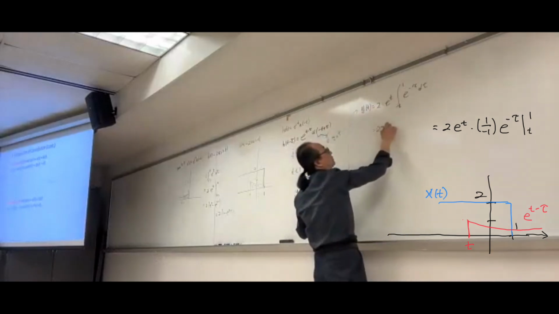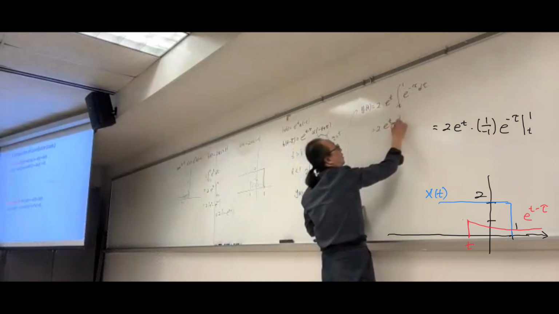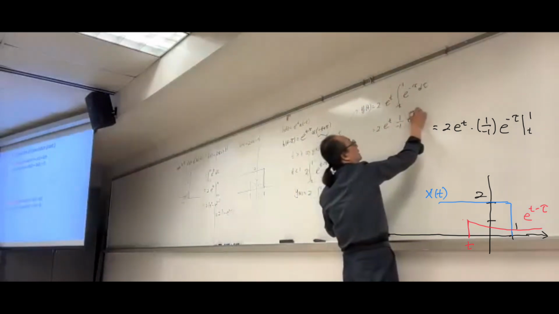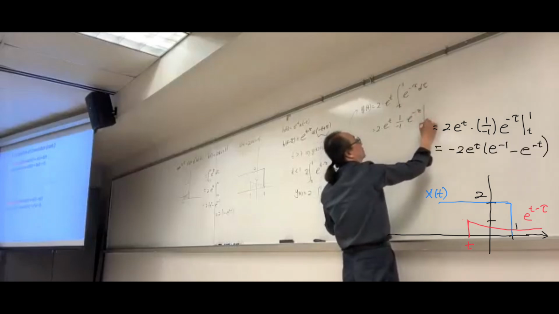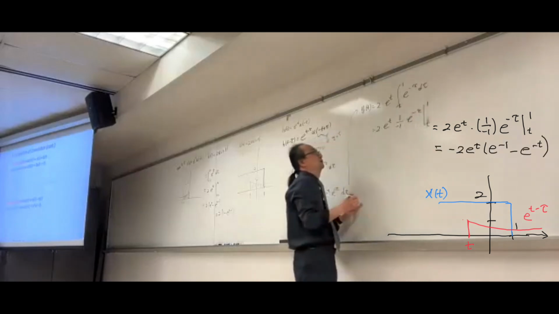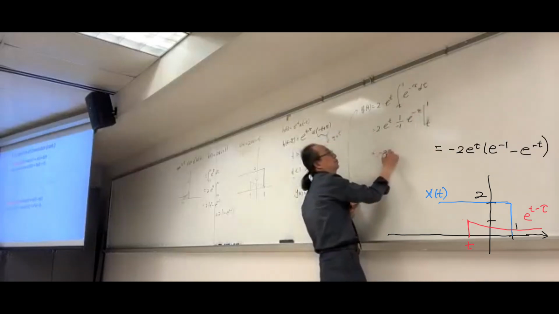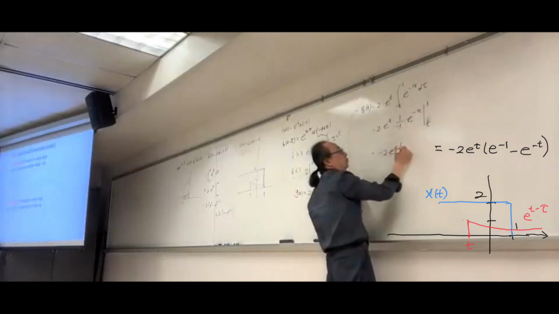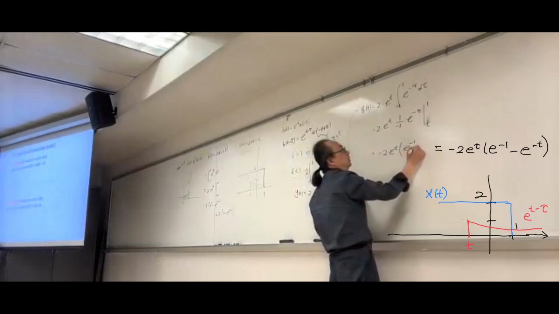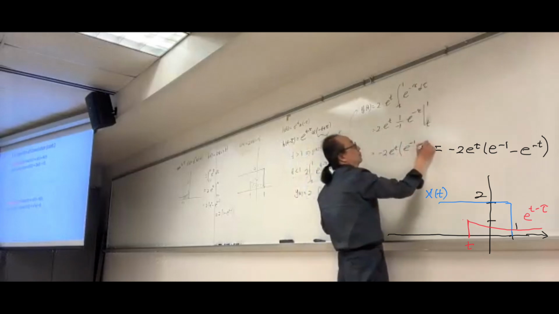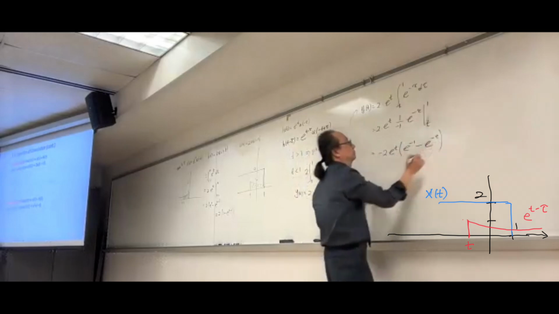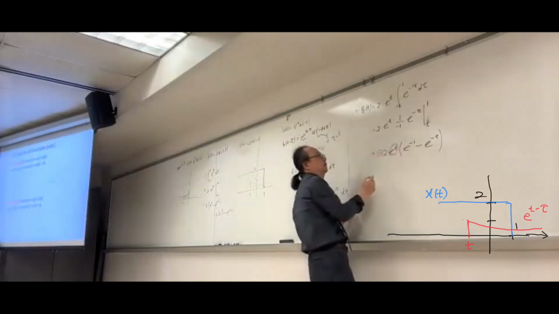That is 2 times e to the t, 1 over negative 1, e to the negative tau from t to 1, negative 2 e to the t, and if you plug it in, 1, e to the negative 1 minus e to the negative t, negative e to the t.